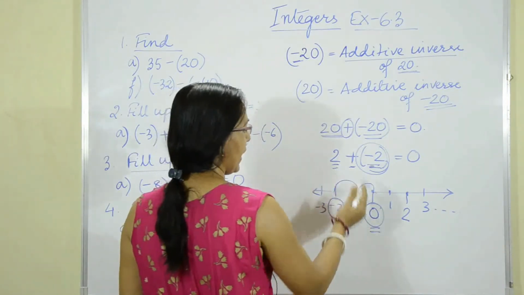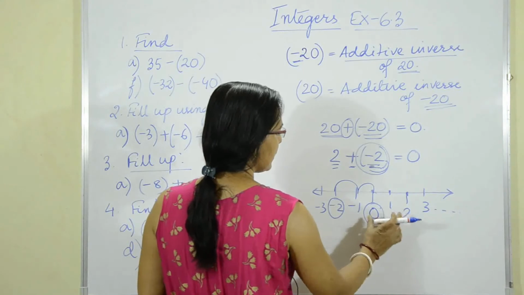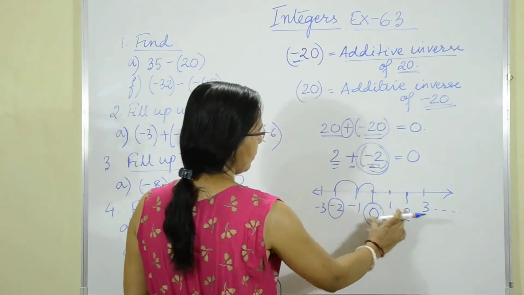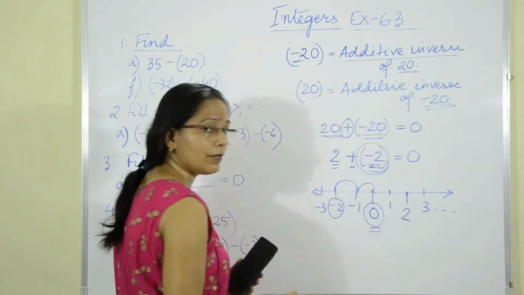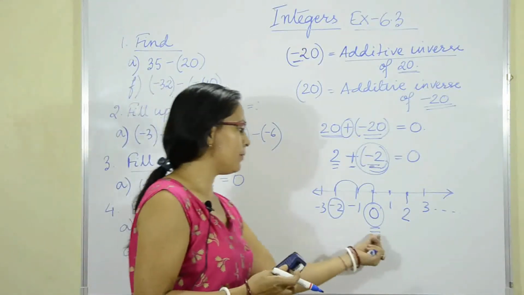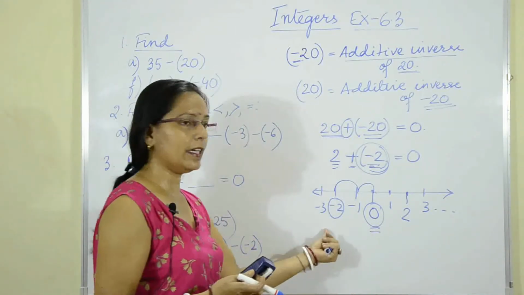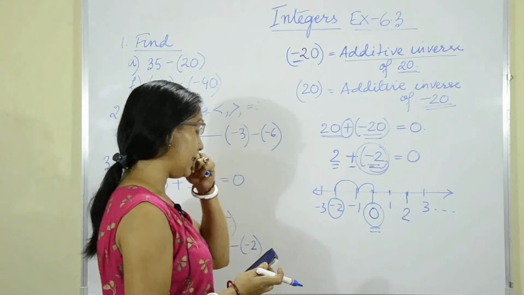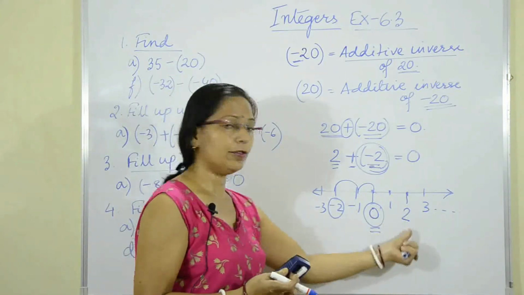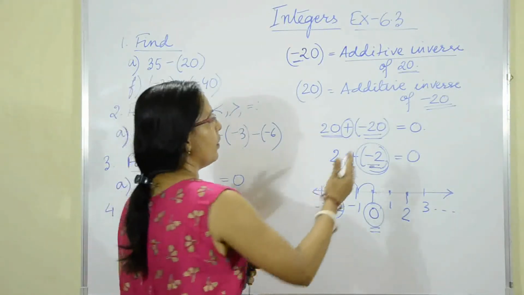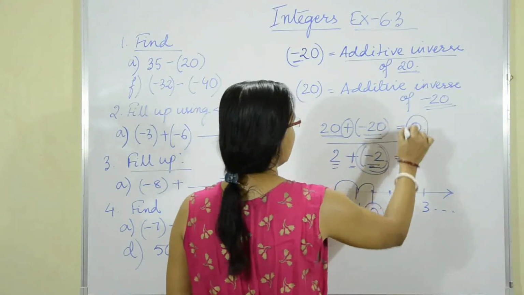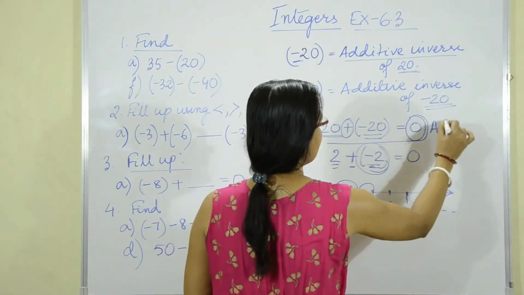So when I add, you can see from 0, the distance of the positive number is equal to the distance of the negative number. This is towards the positive side, this is towards the negative side. Now when I take the same number, they come back to 0, and that is why they are called additive inverse. 0 is the additive identity.